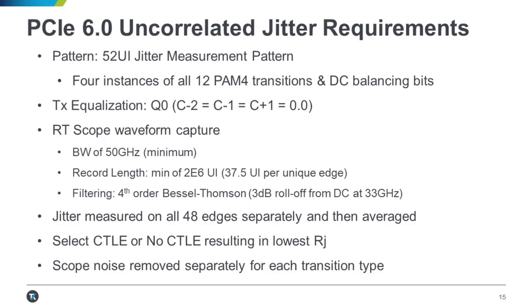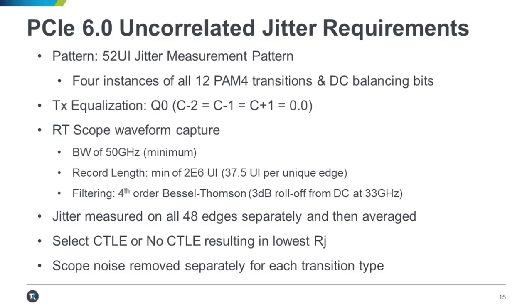In terms of filtering, 4th order BT filter, same filter, 3 dB roll off at 33 gigahertz. We've talked about it being measured on all 48 edges. You do have the ability to use a CTLE, whatever gives you the lowest RJ, essentially uncorrelated RJ, right? So it's either the no CTLE case or one of the 15 CTLE curves that's currently defined.